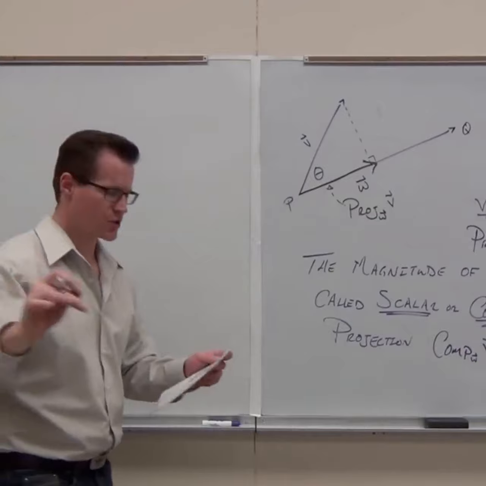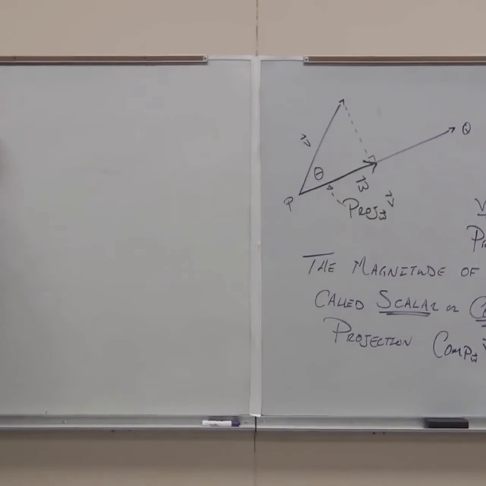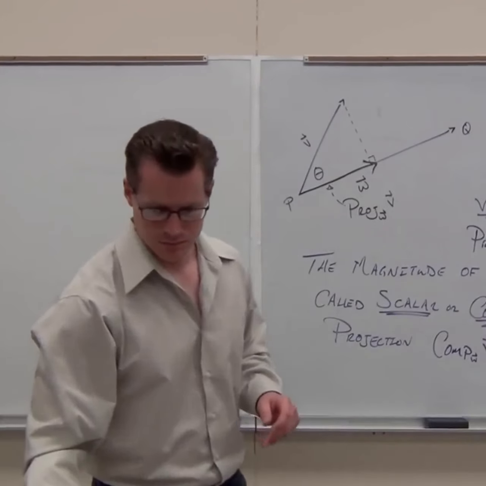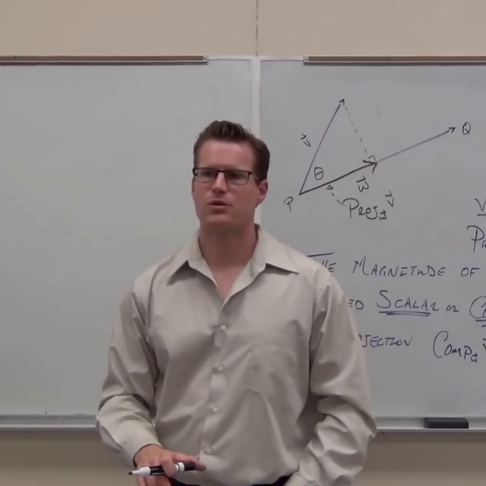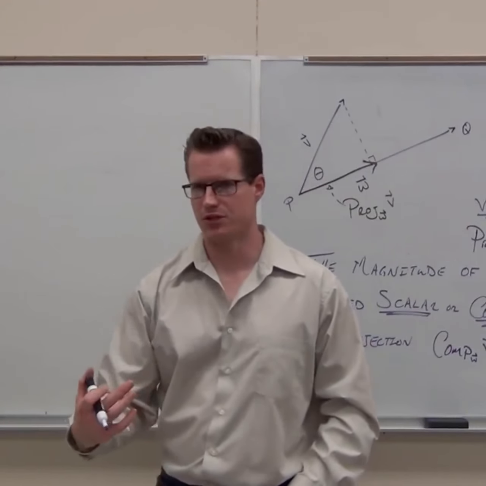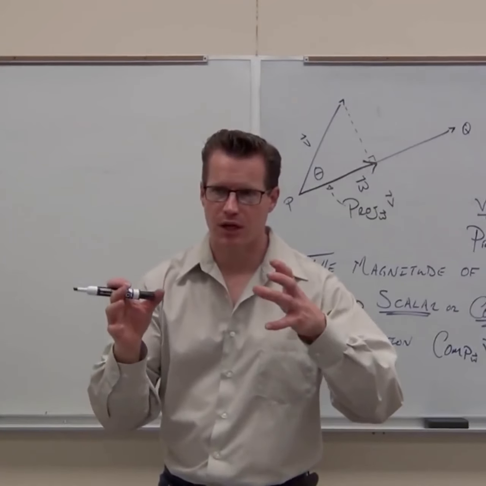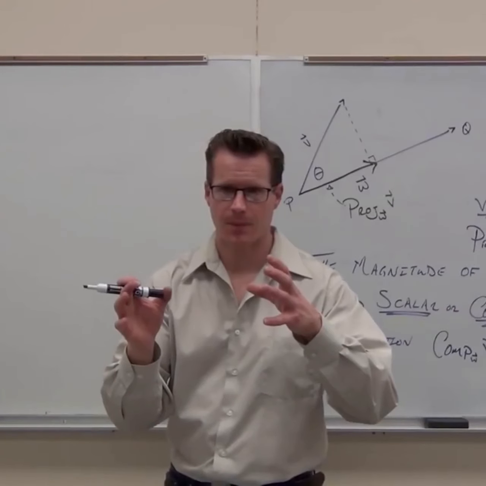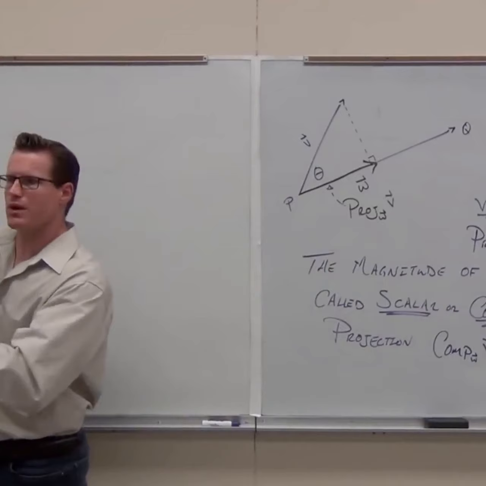Same exact picture. We're still wanting to move my dog from P to Q, okay? Here's the way I want you to think of component or scalar projection for the first way. How much of V is being applied in the W direction?